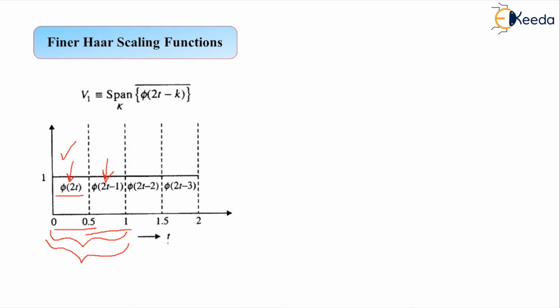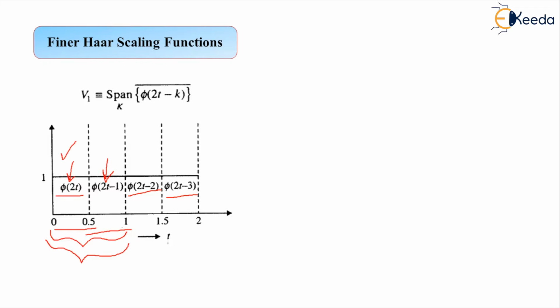In this regard, we can get the finer Haar scalings from the earlier translated versions that were the basis of the functional space capital V0. For every element, we have two sub elements. So here we have phi of 2t minus 2 and phi of 2t minus 3 in the place of phi of t minus 1.